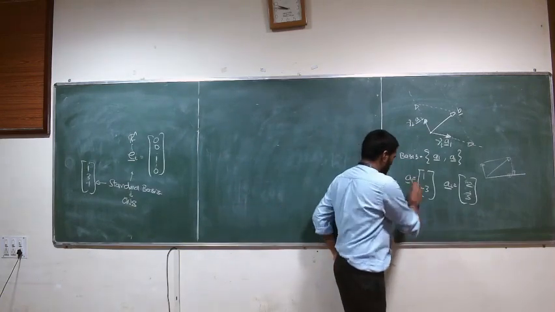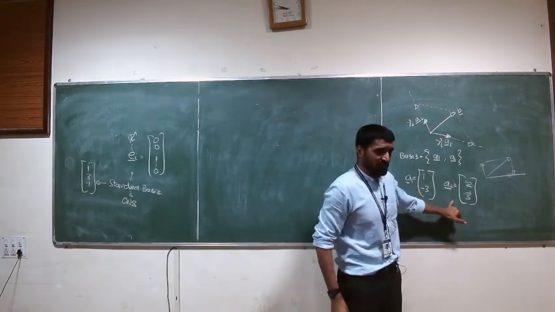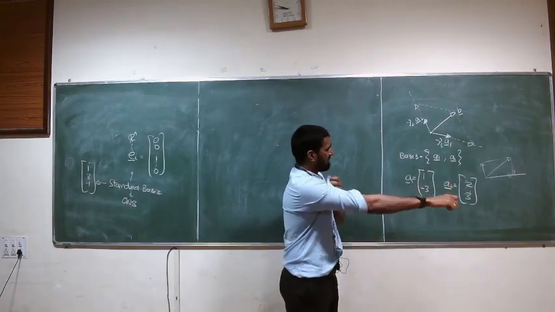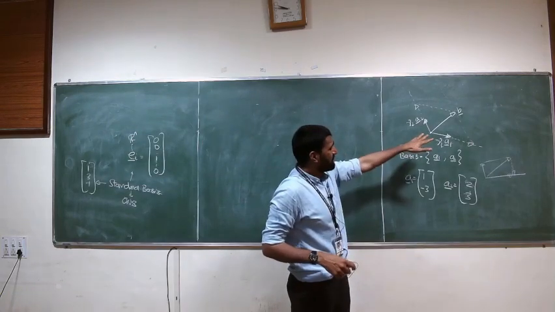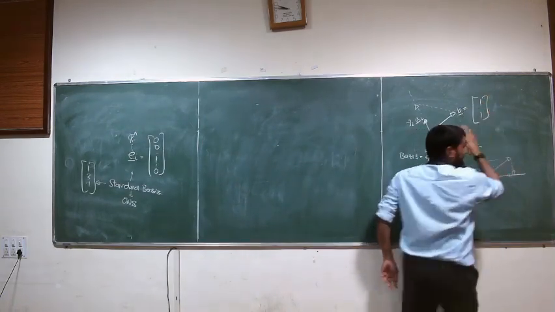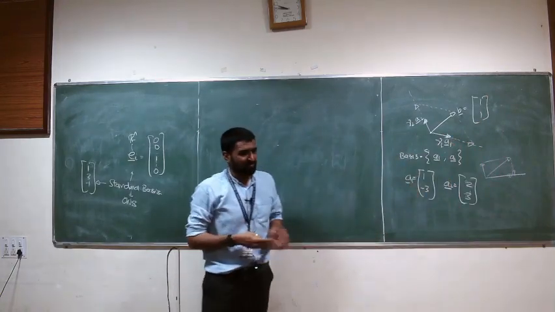A1 and A2 are some vectors represented in the standard basis. Okay. Now, let's say B has some representation as well in the standard basis. Okay.